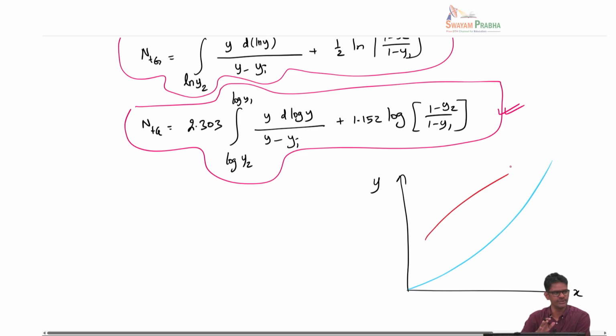In mole ratio units only it becomes a straight line. Now you can see both are curved, and this would be your exit compositions, and this would be your entry compositions.